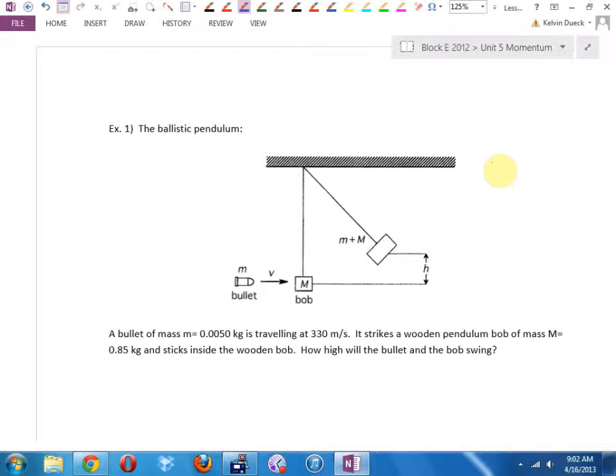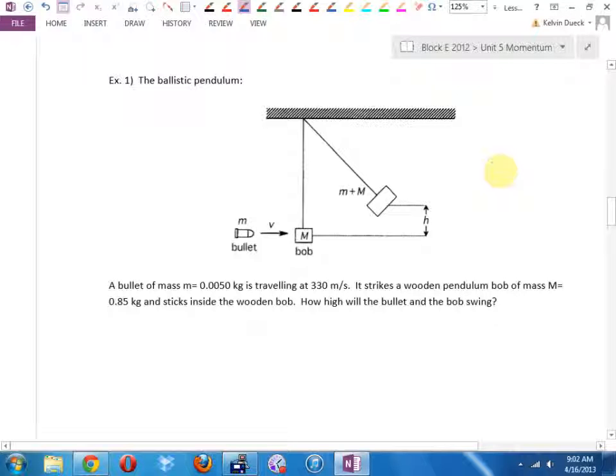It says this: a bullet of mass little m that is traveling at 330 meters per second strikes a wooden pendulum bob of mass big M, 0.85 kilograms, and sticks. How high will the bullet and the pendulum bob swing?